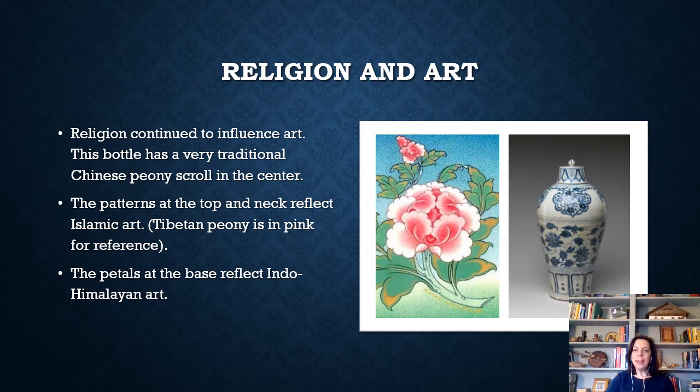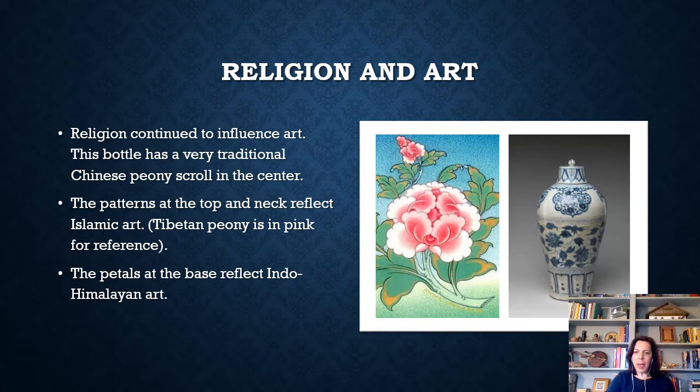And if you look at the center of the vase, that is a very traditional peony type scroll. However, if you look at the top, this also is a peony, and this is from Islamic art. If you take a look at the left-hand side, the picture of the pink peony that I have, you can see how it is very clearly copying kind of the Tibetan peony, that sort of image.